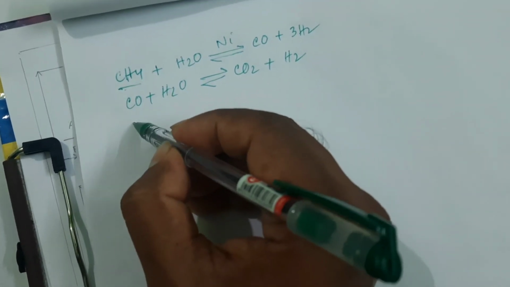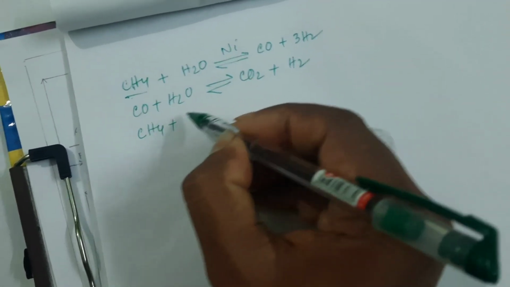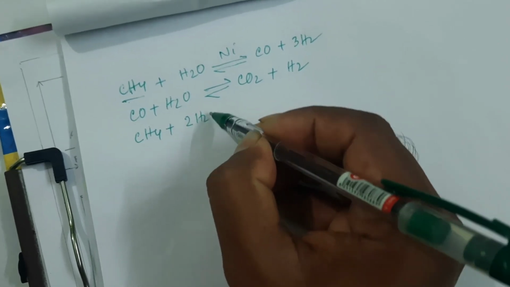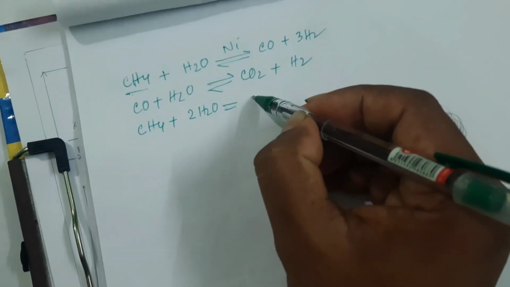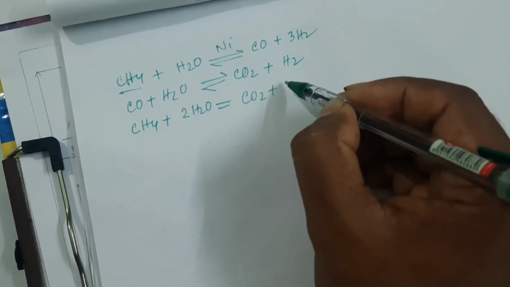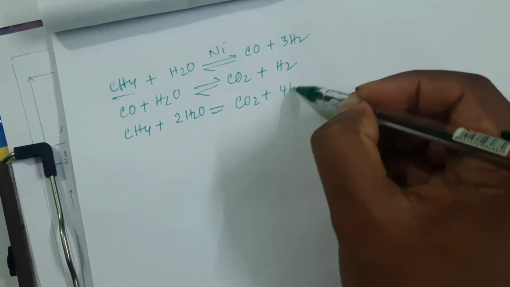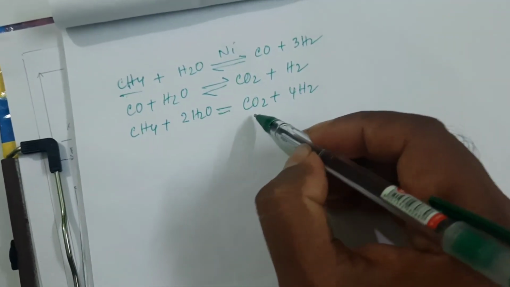If methane reacts with 2 moles of steam, what will it create? It will create carbon dioxide plus hydrogen. By this way, we will get these types of products.